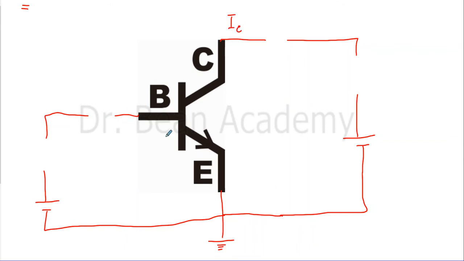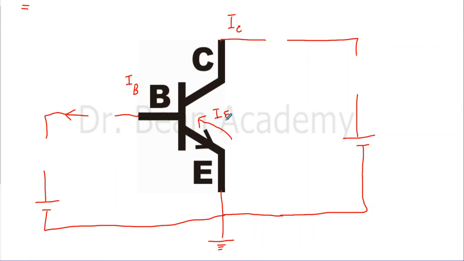Similarly, whatever current is flowing through the base in this direction, we want to measure it. So here is IB. Similarly, we have IC, and that IC is in this direction because I am only considering the real direction of the current. So don't get confused by this arrow, because this is showing the conventional current. Conventional current is just opposite to what I am describing here.